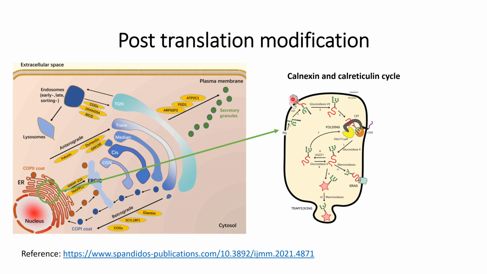Whenever the translation of the mRNA occurs, OST helps bind this glycan to the specific sequence of amino acids, that is NXST, where X can be any amino acid except proline.